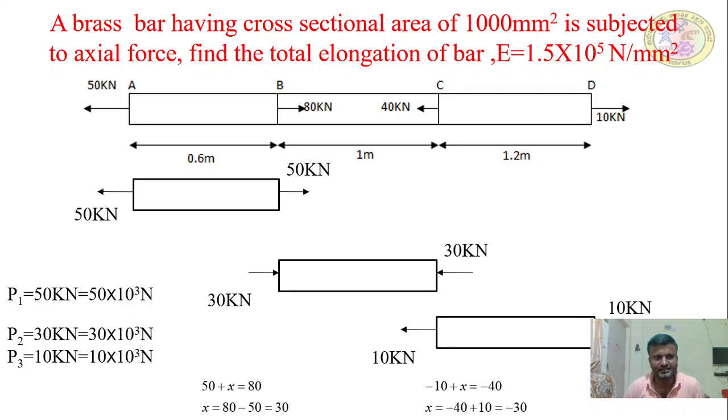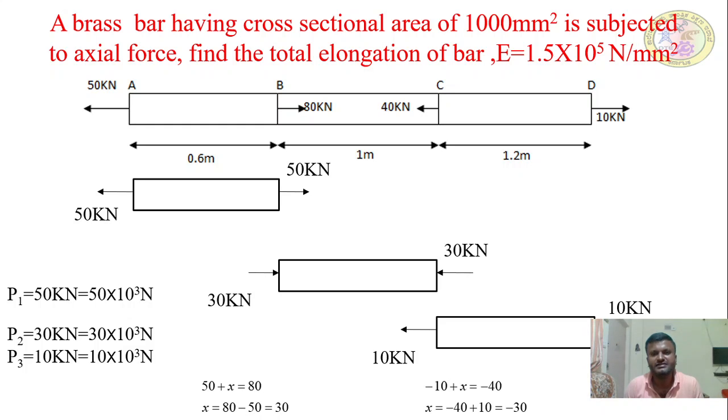Change in length, exactly. Member AB is subjected to a 50 kilonewton tensile force, so what would be the elongation of member AB? If member BC is subjected to a 30 kilonewton compressive force, what would be the elongation?